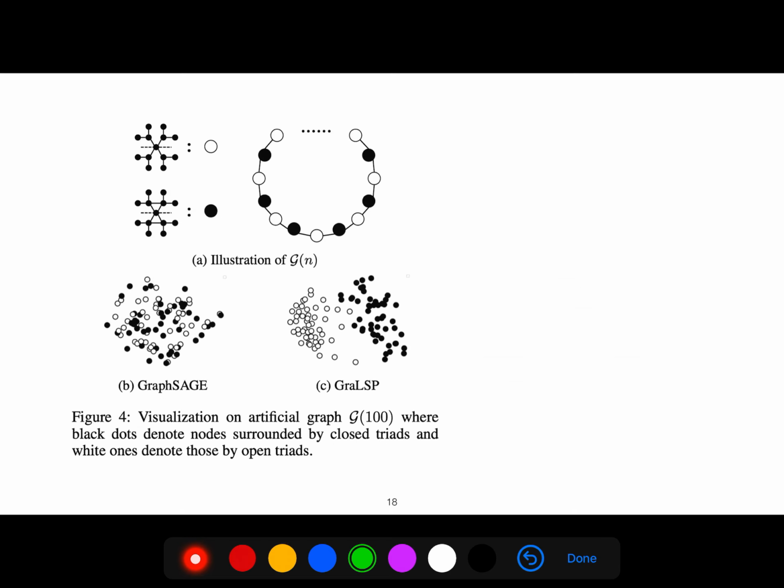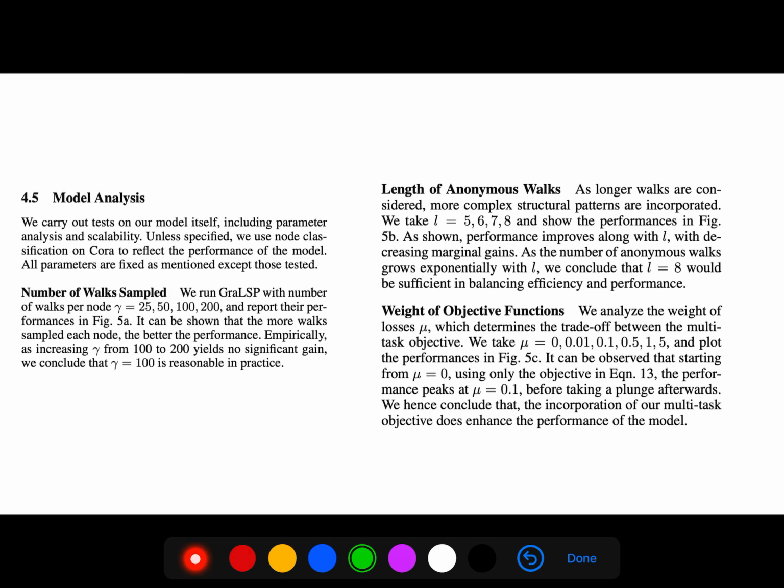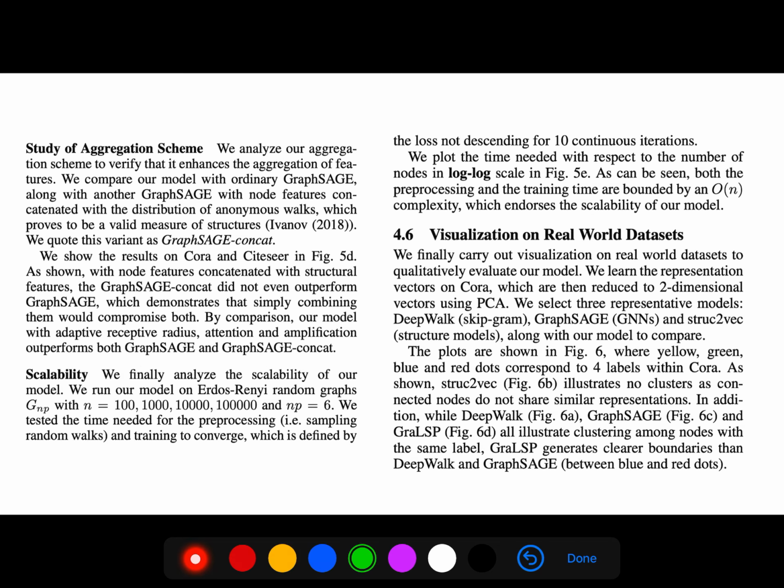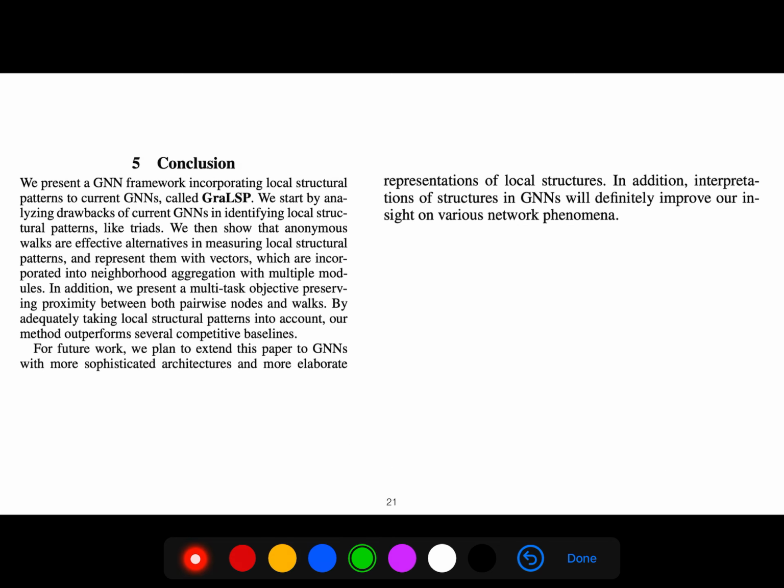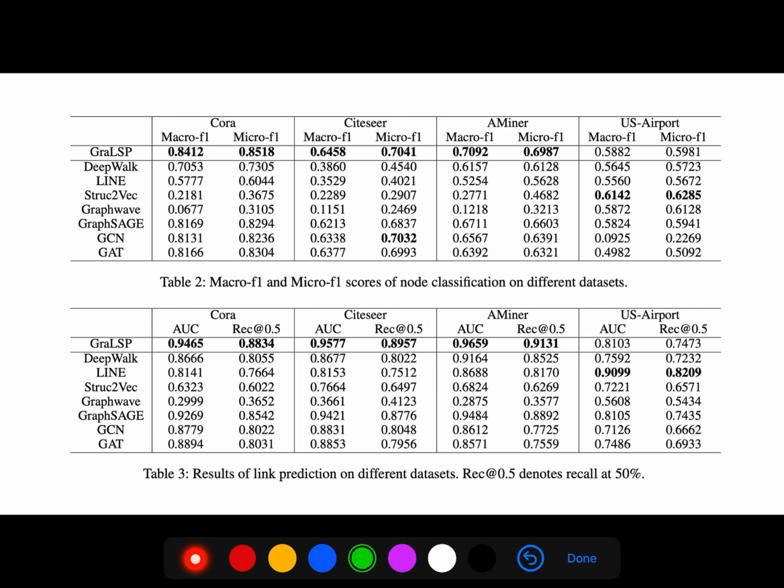This is a visualization on an artificial graph, where black dots denote nodes surrounded by closed triads and white ones denote those surrounded by open triads. And these are results for link prediction on different tasks. You see how structure can improve their performance.